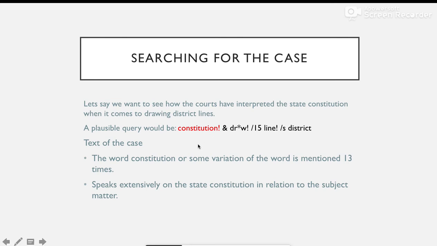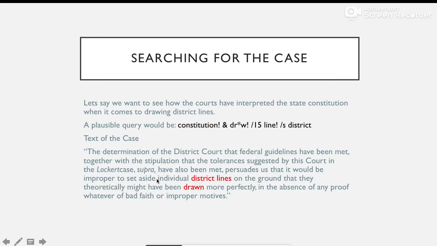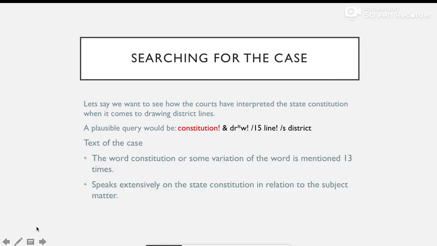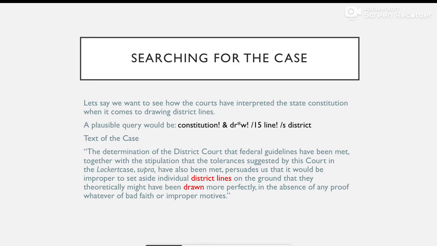First of all, if we're starting with the word Constitution, yes, the word Constitution or some variation of that word is mentioned 13 times within the case, and the case speaks extensively on our subject matter and how our subject matter relates to the Tennessee State Constitution. As far as the rest of it, now, why don't I have these two together? Because they don't really have to be.